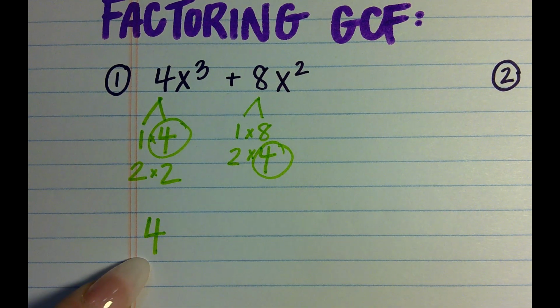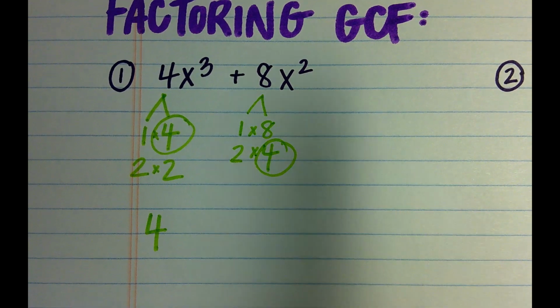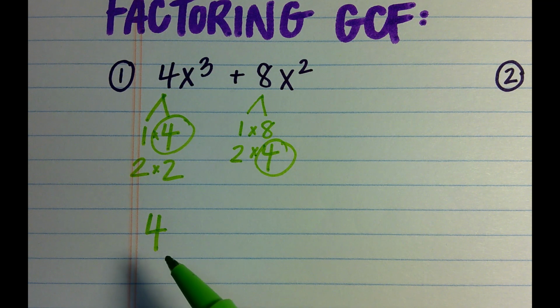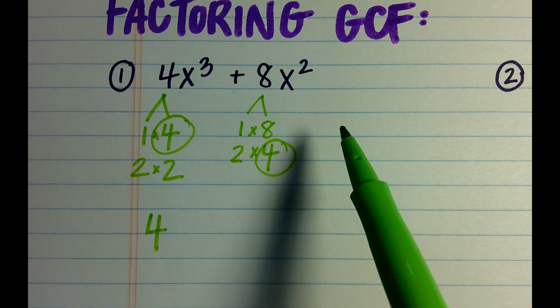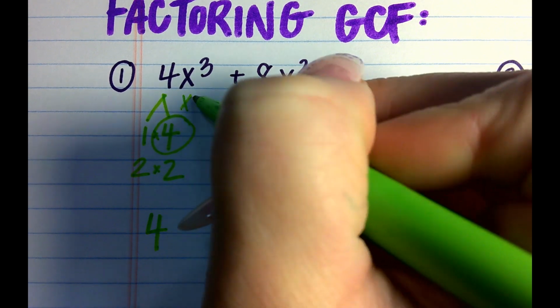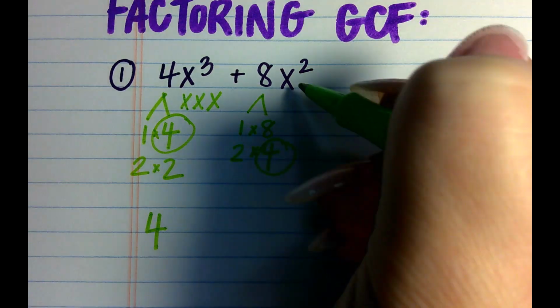So, I know that I can divide both of these by 4. So, I'm going to write a 4 out to the side. Now, how am I going to know what else is part of my GCF in terms of x? I would put down 3 x's for the 4. Okay, so would you write x, x, x? Yeah. And then for the 8, I would put 2 x's.